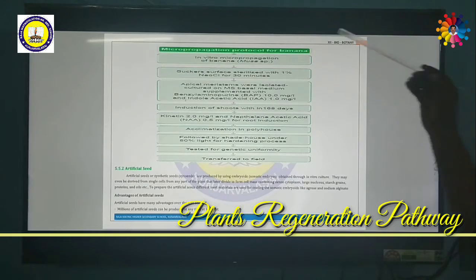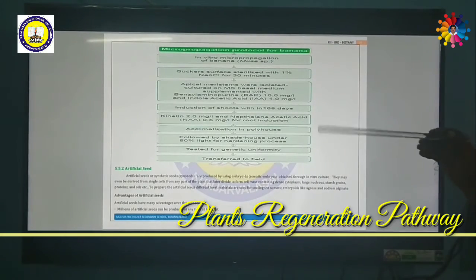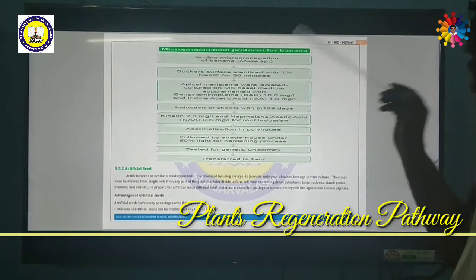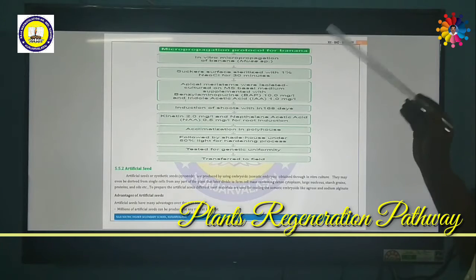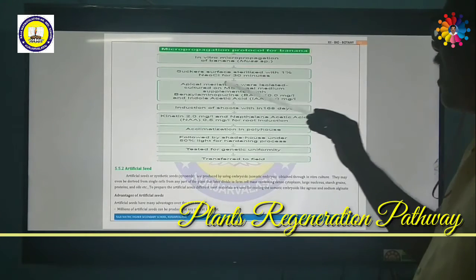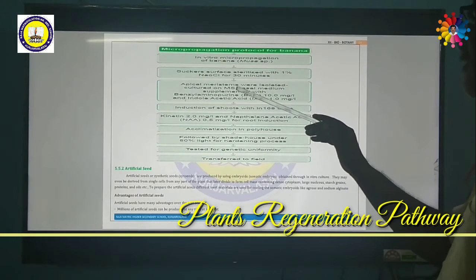Then the apical meristem of the sucker is to be used. The apical meristem is isolated. Why do we use apical meristem? If you use apical meristem, it can produce a plant which is free from virus. The apical meristem is isolated and cultured in Murashige and Skoog medium, MS medium.